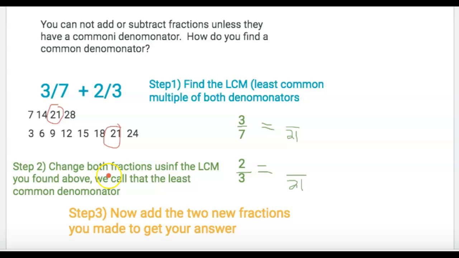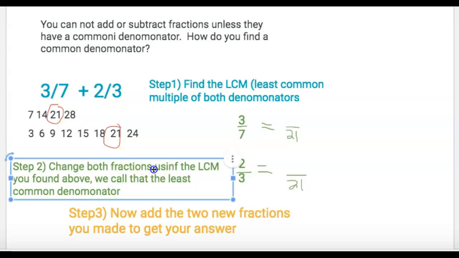Step 2 says change both fractions using the LCM you found above. We call that the least common denominator.